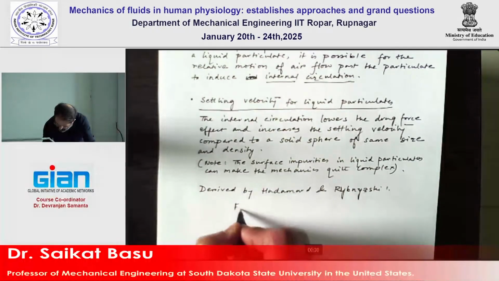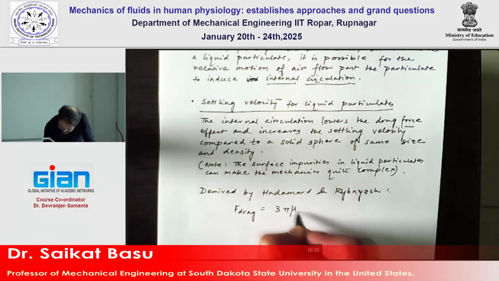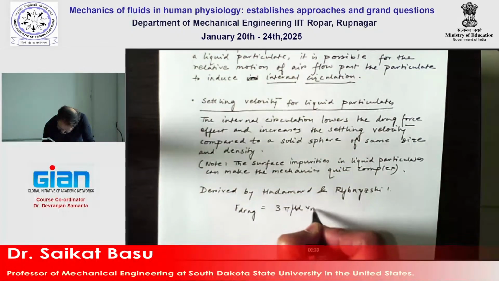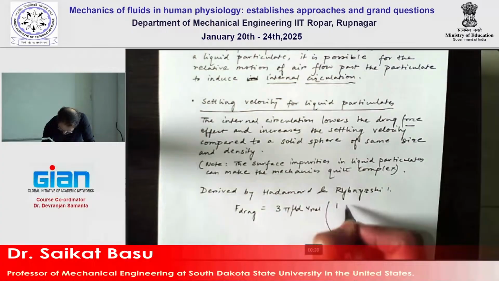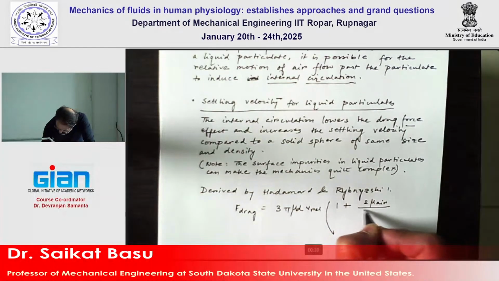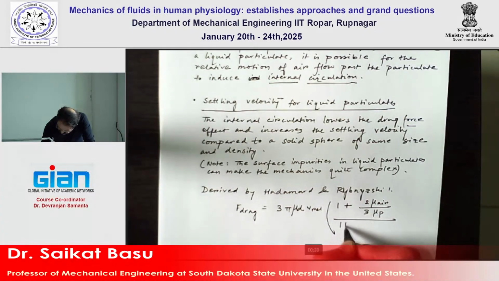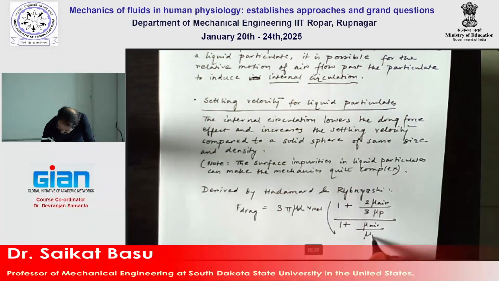So F drag is 3 pi mu d v rel times 1 plus 2 mu of air by 3 mu of the particulate, divided by 1 plus mu of air by mu of the particulate.